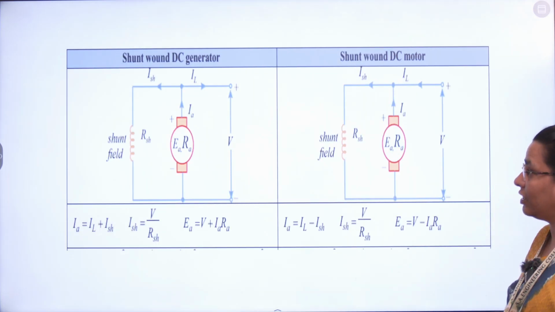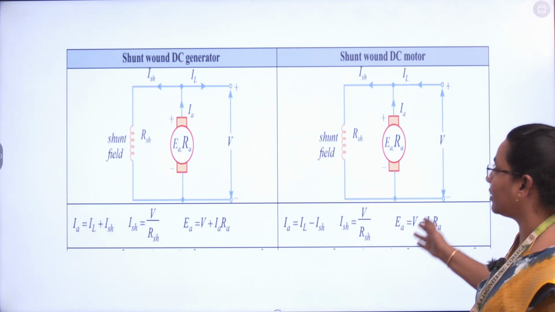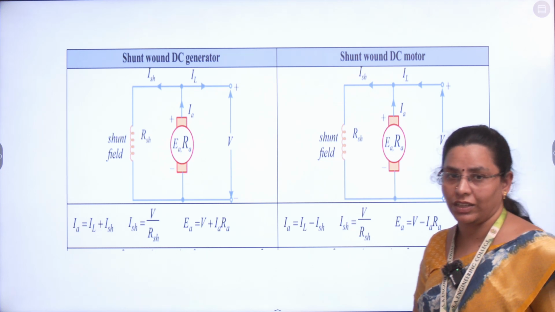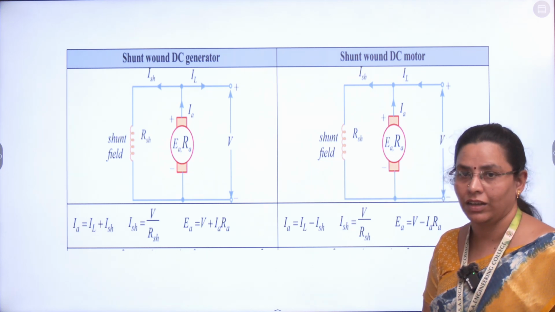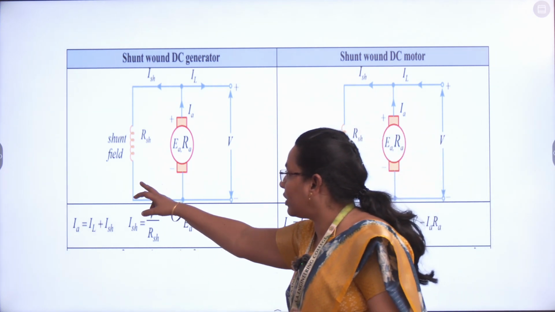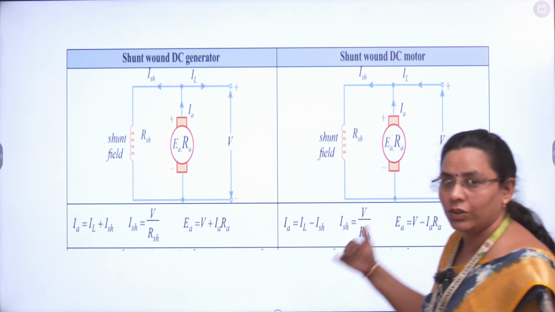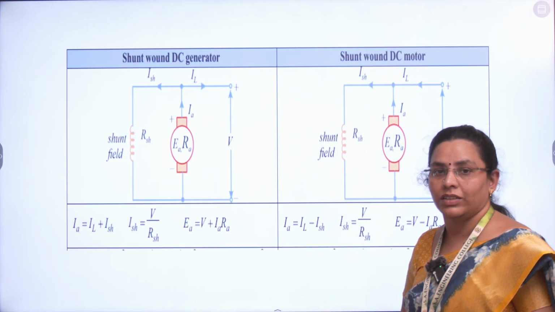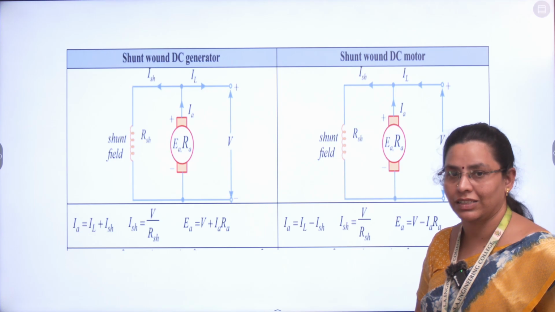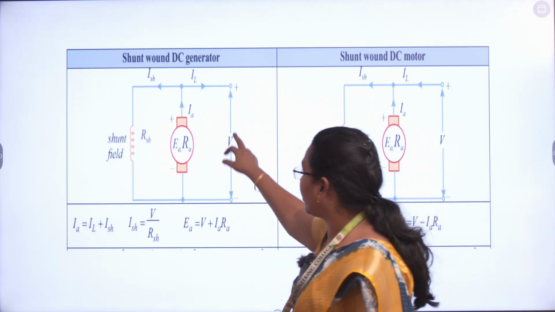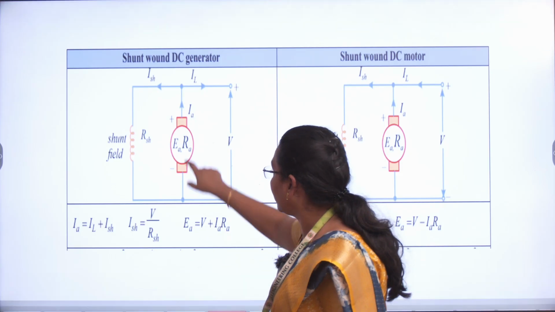Next one is the shunt wound DC generator and shunt wound DC motor. What is meant by shunt? Shunt is nothing but parallel. The armature winding as well as field winding are both connected in parallel. This type of shunt machine does not have any external supply. Here we have the node.